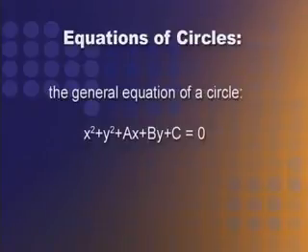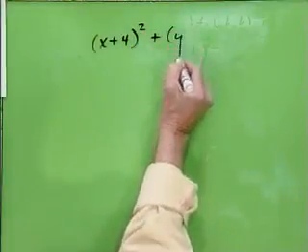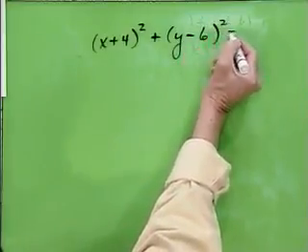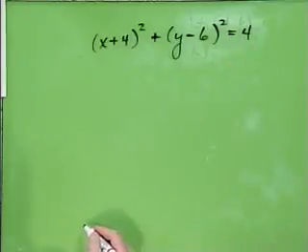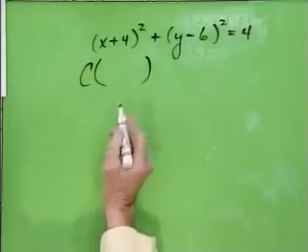What if I gave you this equation of a circle, (x plus 4) squared plus (y minus 6) squared equals 4. Who can tell me the center of that circle? -4, 6.